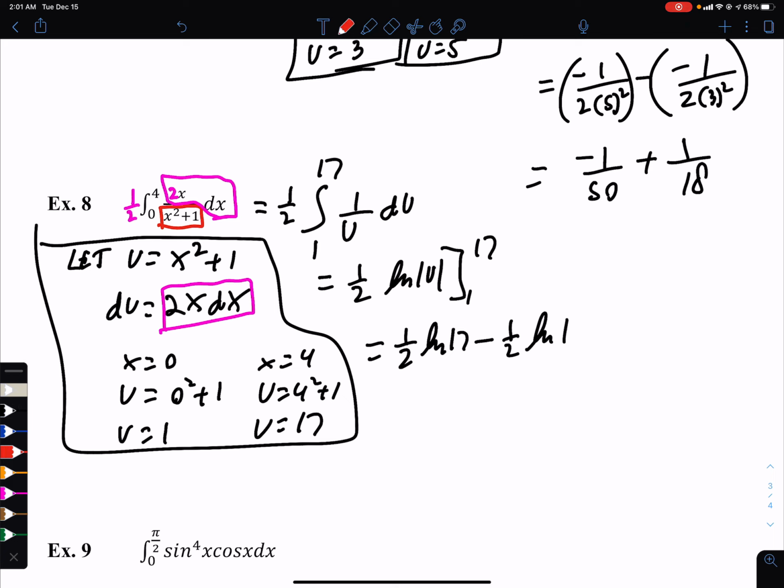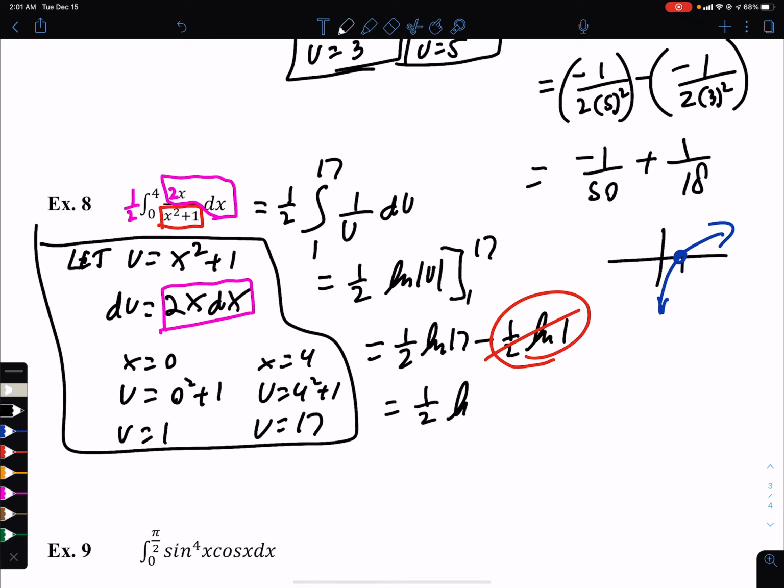But we all know that ln of 1 is 0, right? We all know that because the ln function looks like that, and the ln of 1 is 0. We all know that. So there's our answer, 1/2 ln of 17. And if you want to be cool, you can put it in front of the log rule, move the half up there, which is ln of the square root of 17, if you want to do that.